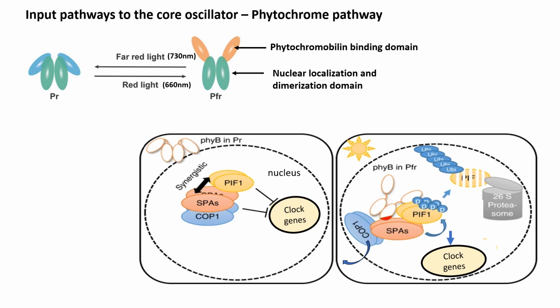PIFs are repressors of the circadian clock genes CCA1 and LHY. Inactivation of COP1 and the PIF repressors by phytochromes leads to resetting of the core oscillator through expression of these genes at the appropriate times of the day.